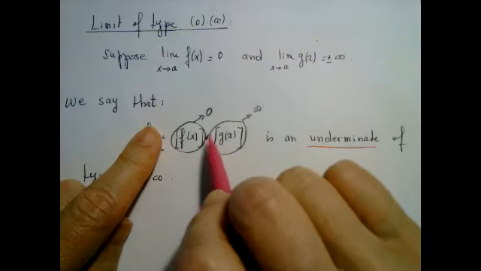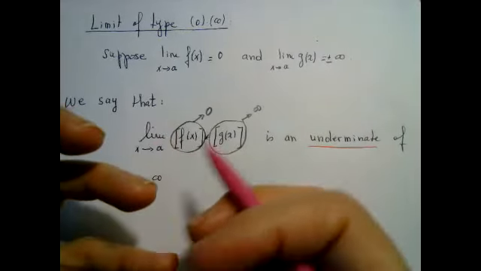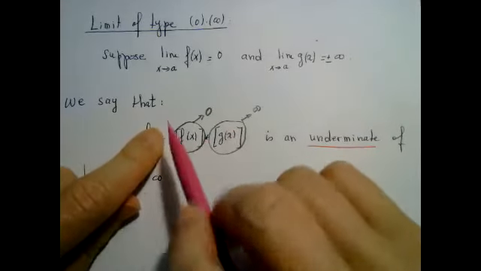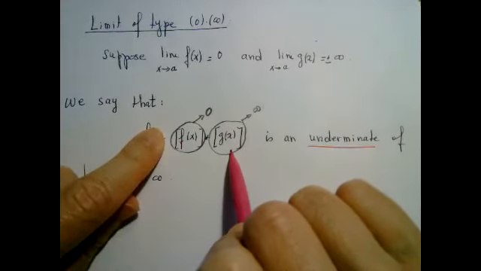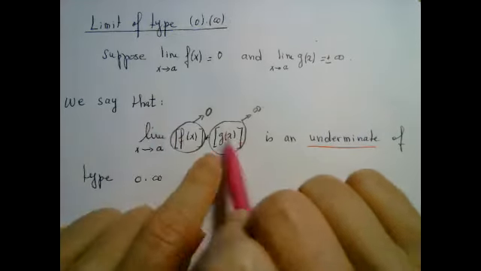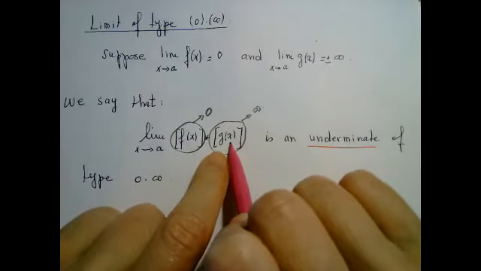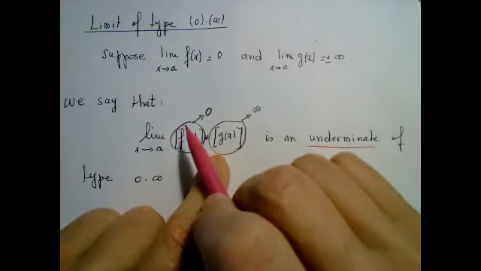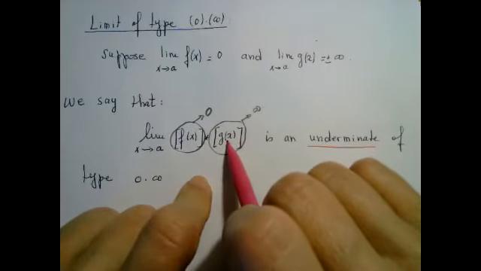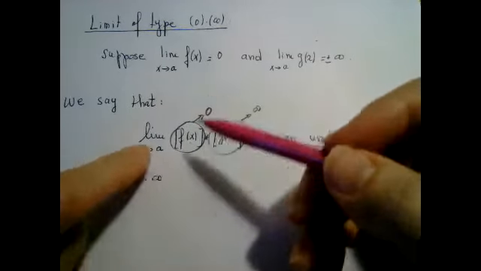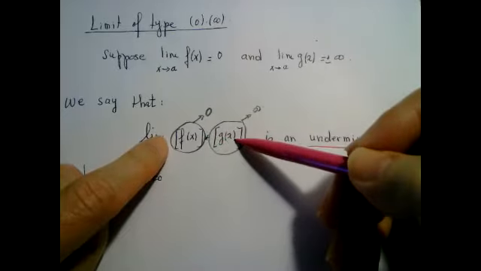So now I'm looking at the product. You can think that there is almost like a battle between two functions. This one wants to drag the product to 0. This one wants the product to go to infinity. And the question is, what's going to happen? What happens depends on how small this is and how large this is.